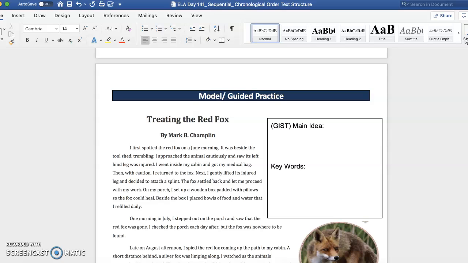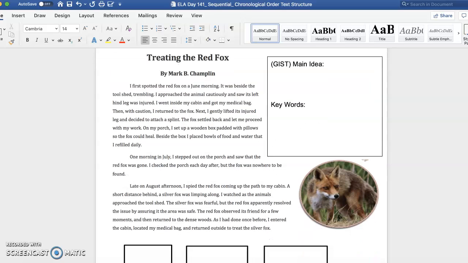We're going to be reading the text first, and we're going to be looking to see the keywords first. Like what keywords do we see that are sticking out that lets us know that this is chronological order? We already know that this is a chronological order text, but we're just going to be looking for the keywords, and then we're also going to look for the gist.